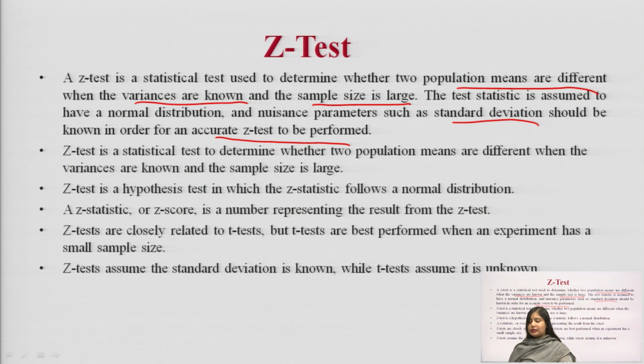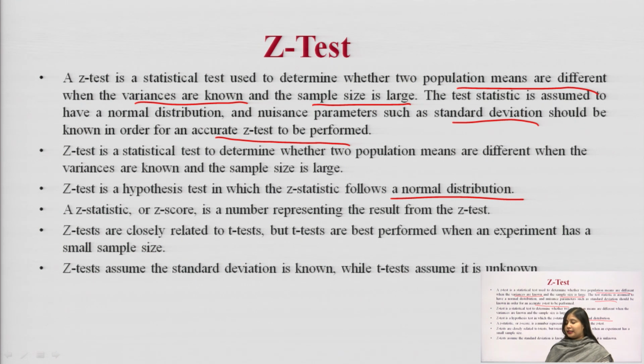The Z test is basically a statistical test to determine whether two population means are different or not, and it is a hypothesis test in which the Z statistic follows the normal distribution curve. The normal distribution curve formula and concept is what we follow in the Z test, and a Z stat or Z score is the number representing the result from our Z test.